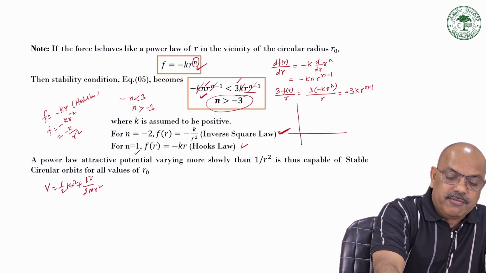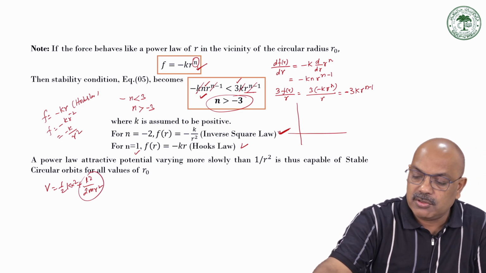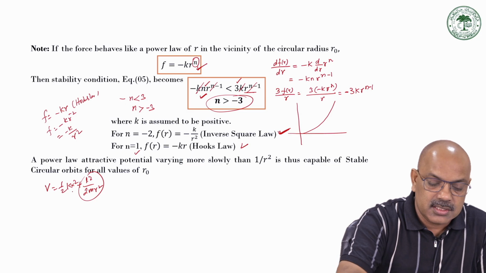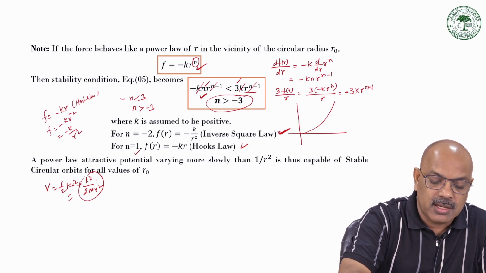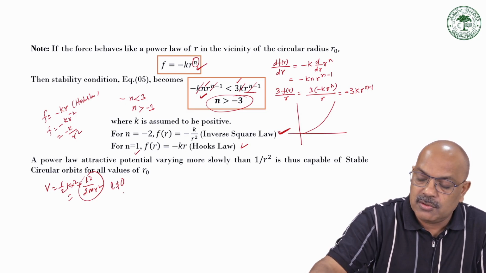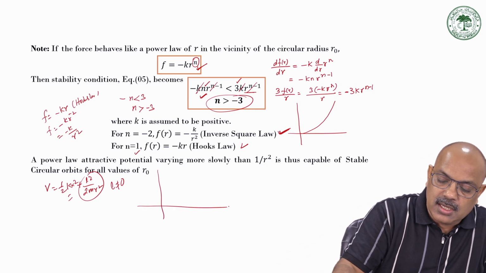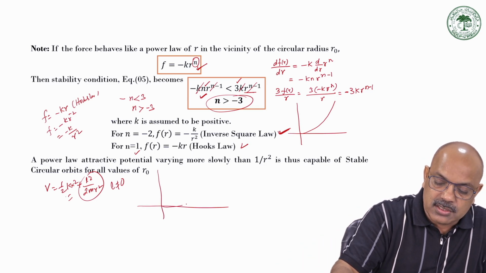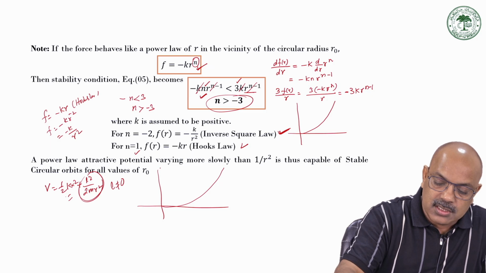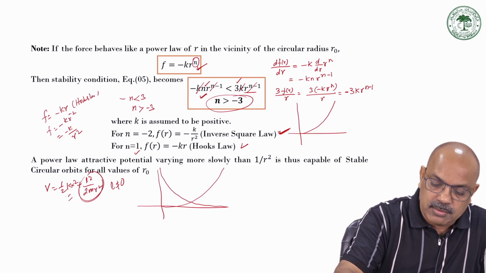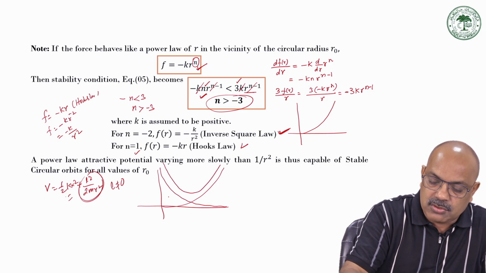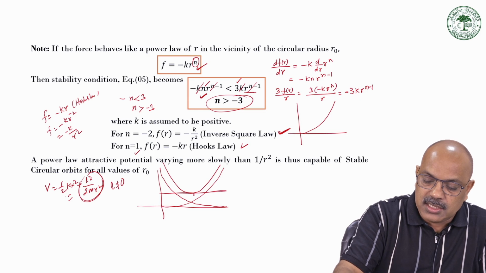If you have plotted it, when L was equal to 0, this is just half kx square, and when L was not equal to 0, you have seen that the centrifugal potential was coming out like this, and then the total potential is like this. So you are going to have a circular orbit at this position.